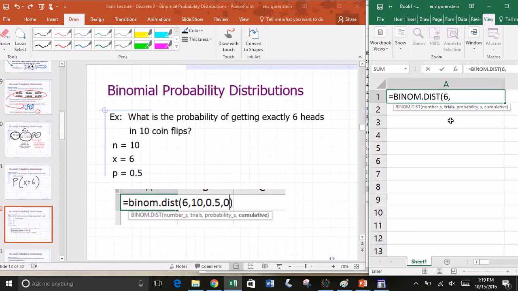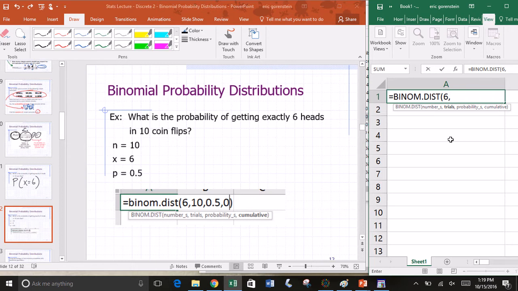If you have a Mac, this might not come up. I'm not sure. There are some differences between Excel on a PC and Excel on a Mac. But on this version, Excel's walking me through the implementation of the function.